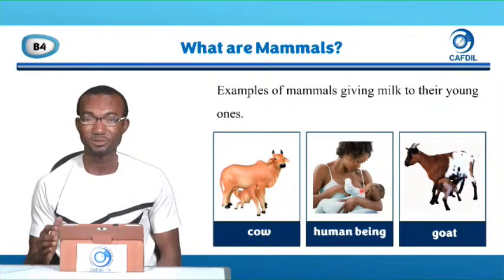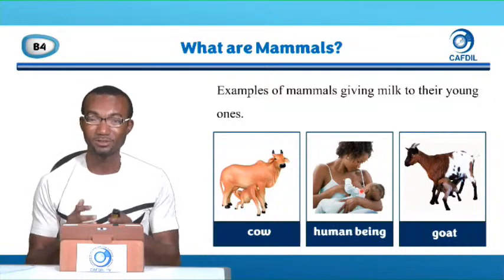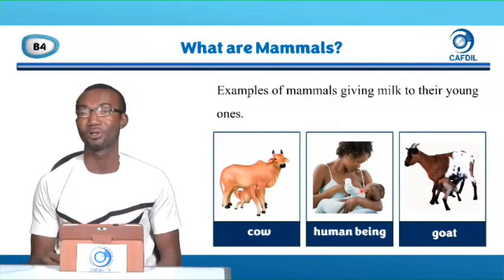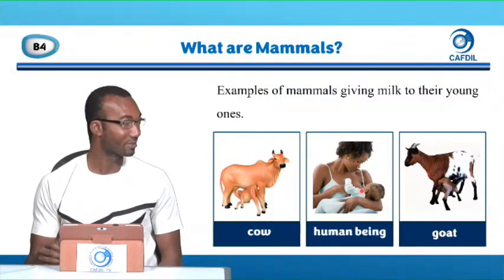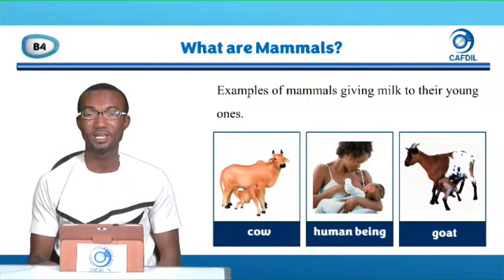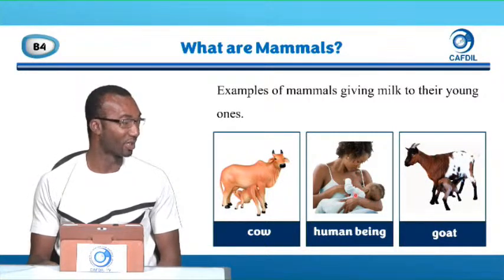Every human being took breast milk. And according to doctors, for the first 6 months, breast milk is good for the babies. So human beings are also mammals because they feed their young ones on milk.